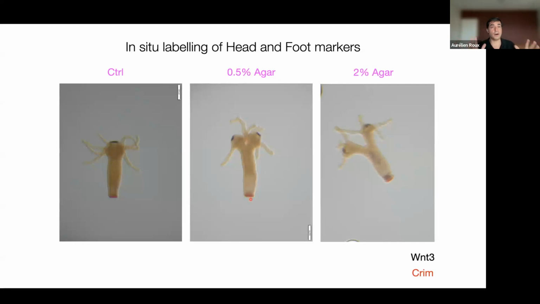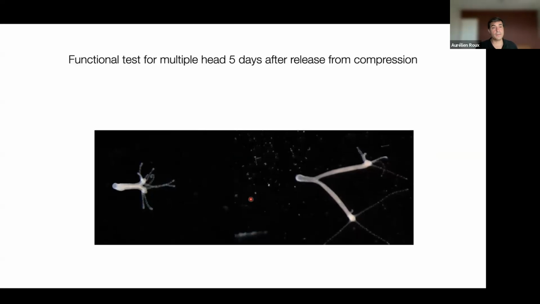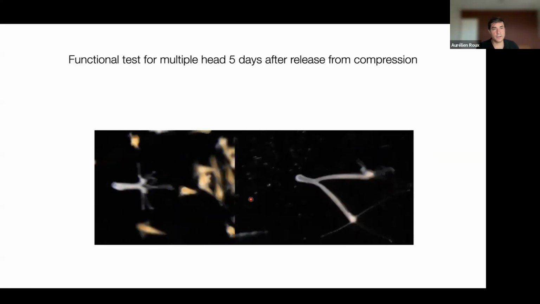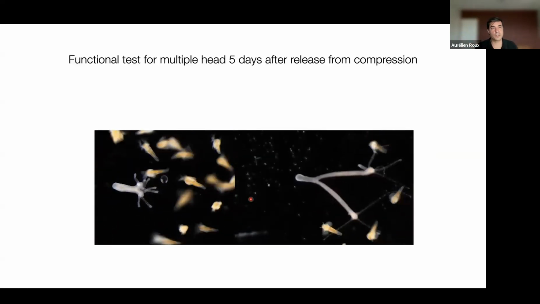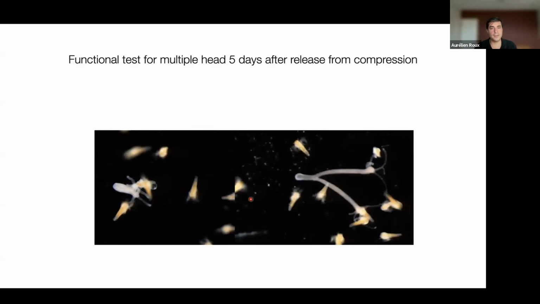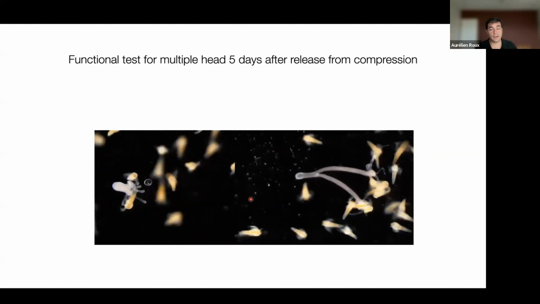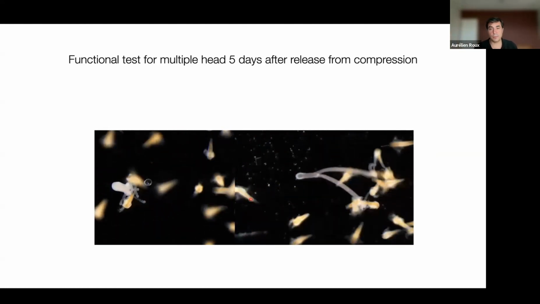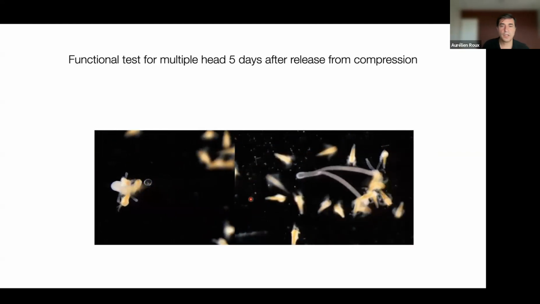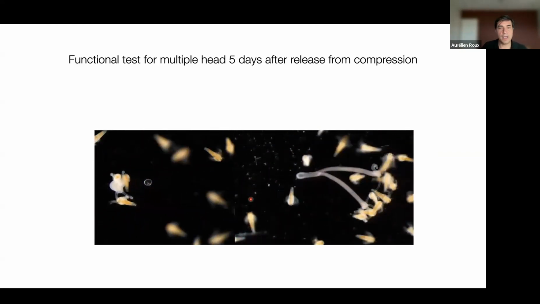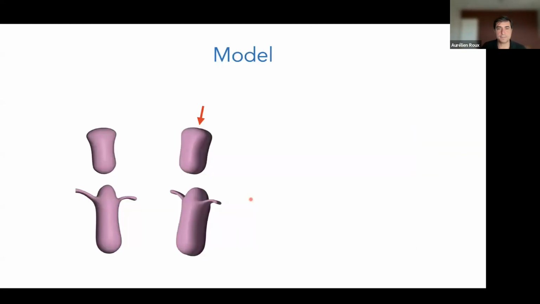So they really are 2-headed animals. And not only do these animals have all the features of adult animals, they also feed very well, and the 2 heads are able to grab the shrimps and eat normally, which is a functional test for the animal. So we have functional animals at the end.